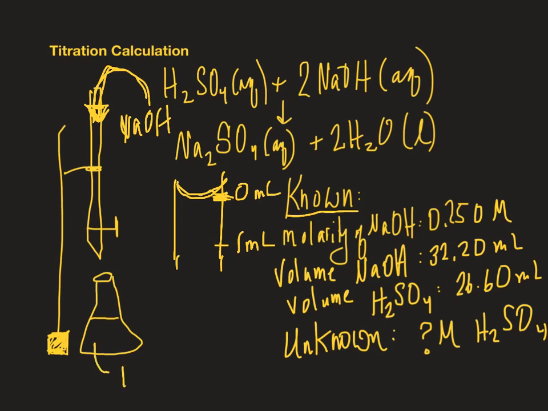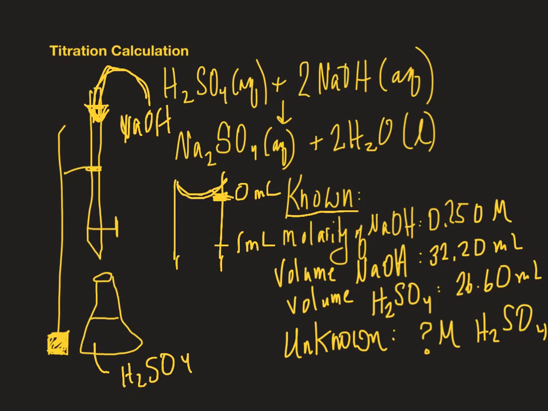And our acid solution is H2SO4, and that's what we put below. Now, the amount that this experiment has in it is 26.60 milliliters of acid, and it's a little bit of a wonky number, but it doesn't really matter how much you put in there.